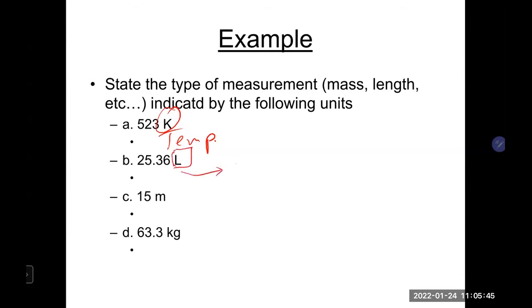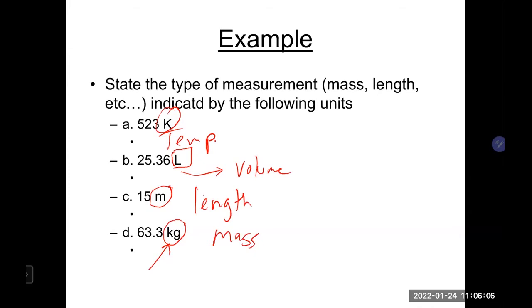Liters is a unit of volume. M is meters. Meters is a unit of length. kg is kilograms, and that is a unit of mass.